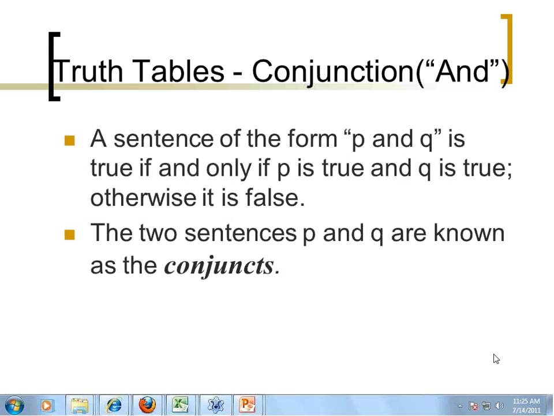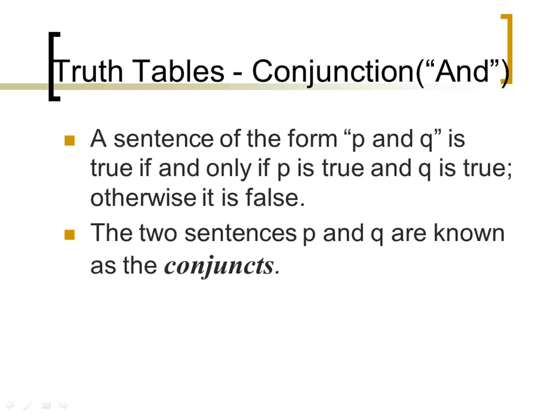Now, these two sentences, P and Q, are known as the conjuncts. Therefore, we get the term conjunction for the AND truth table. All right? And please remember, disjunction is OR, conjunction is AND. I guess you will remember conjunction, but just try and remember the disjunction, all right?